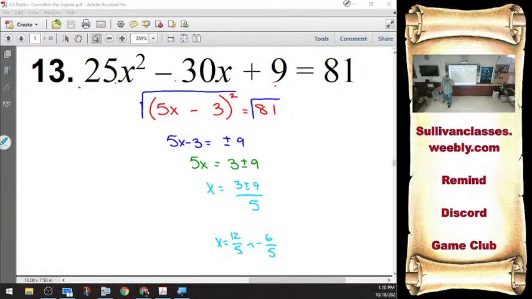Okay. You can either do it like that, or you can turn that into 5x minus 3 is 9. And 5x minus 3 is negative 9.